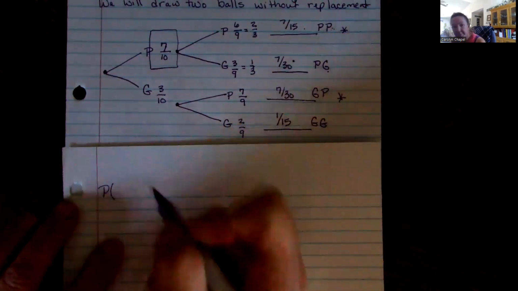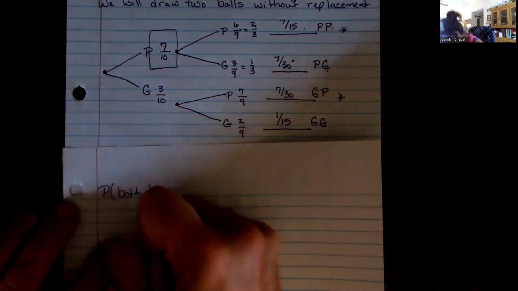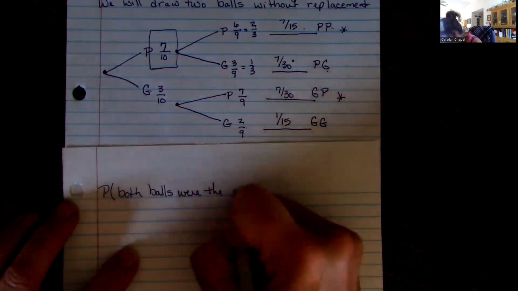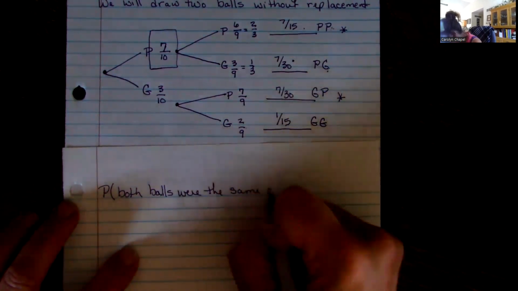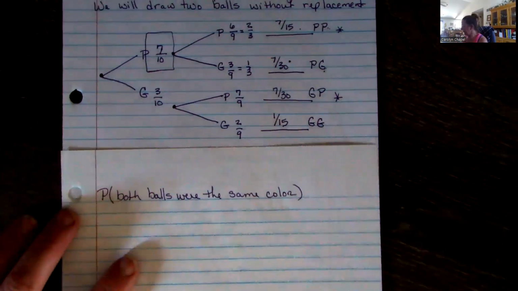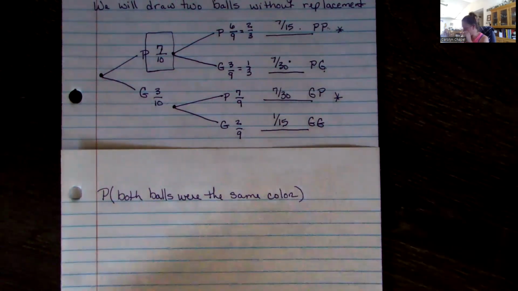But I want to find the probability that both balls were the same color. Okay, both balls were the same color.